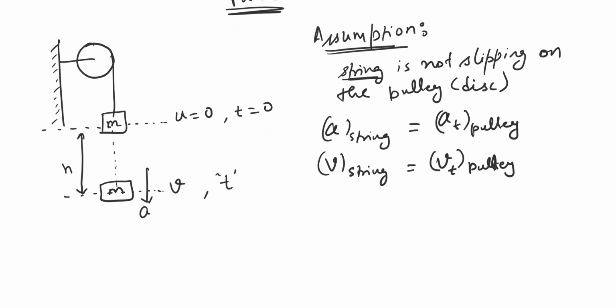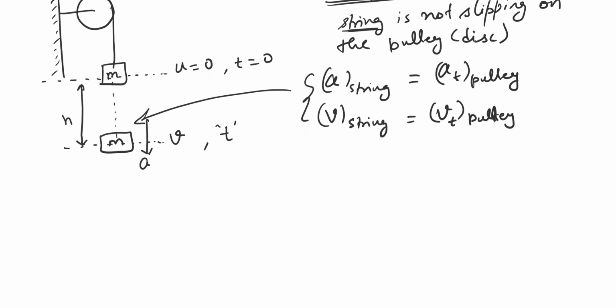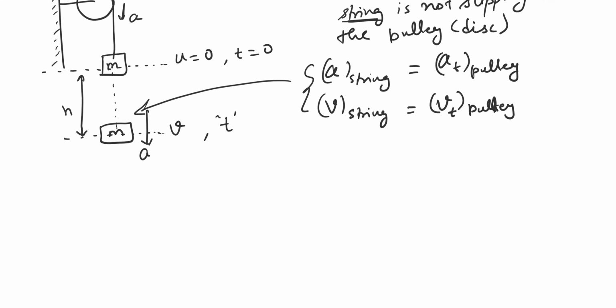Similarly, since the mass is connected to the pulley, the acceleration and velocity of the string would be the same as the acceleration and velocity of the mass. So if the acceleration of the string is a in the downward direction, the tangential acceleration of the pulley would also be a in the downward direction.